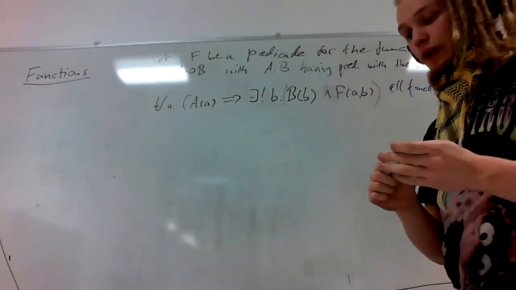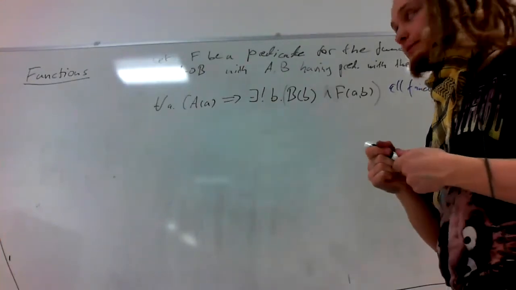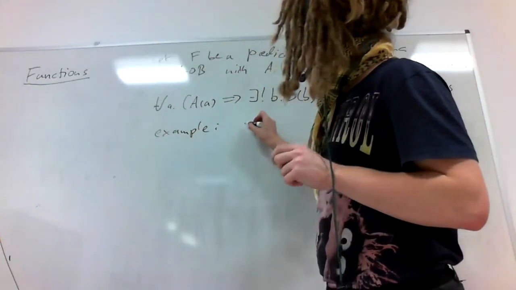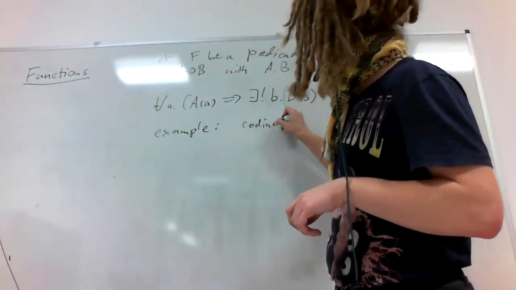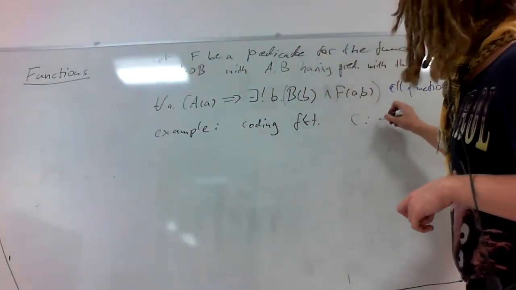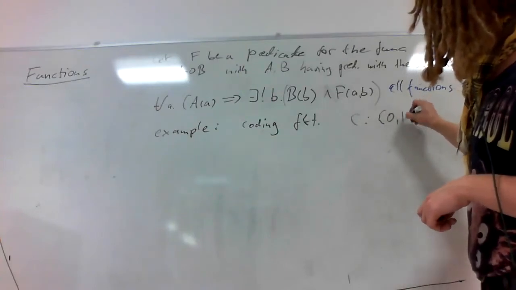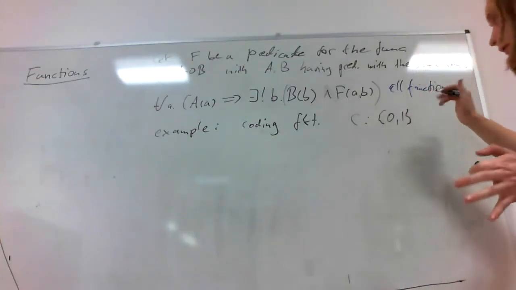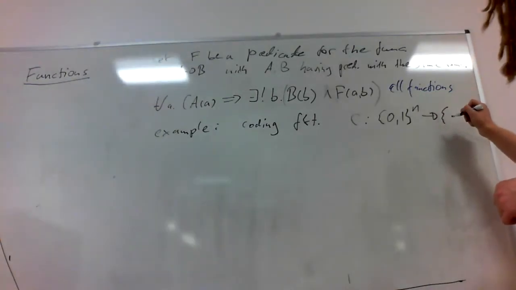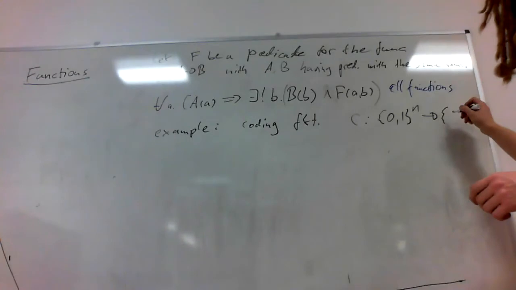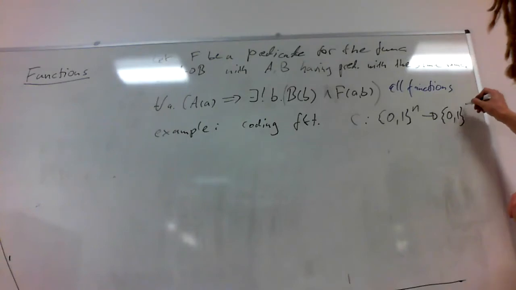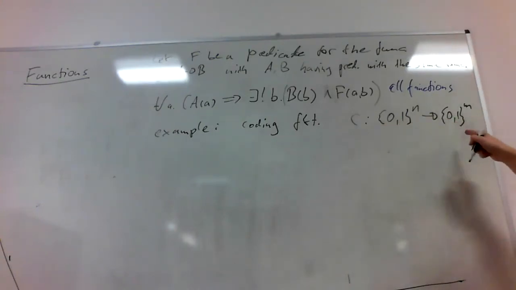For example, when we have a coding function C, and the decoding function D. So we have a binary representation of a string of length n, right? So this is a typical coding function.